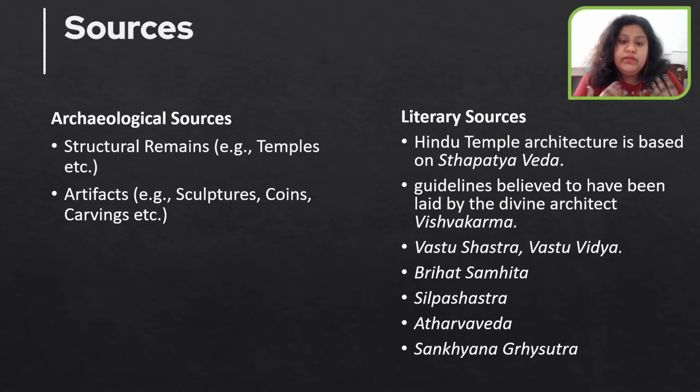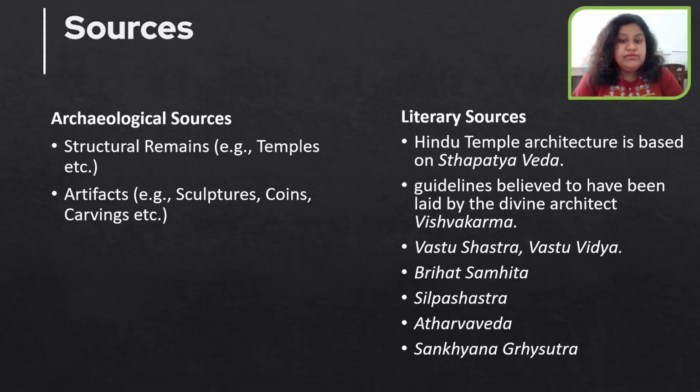When we talk about the literary sources, there are a number of them which give us an idea about how to make temples and images, which god or deity, and what should be the length of their hands, the width of their faces, the width of the shoulders. Everything is given in those literary sources.